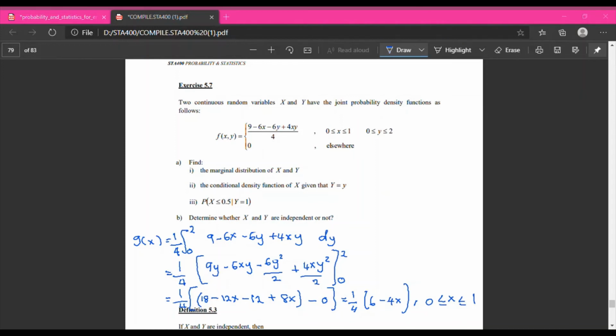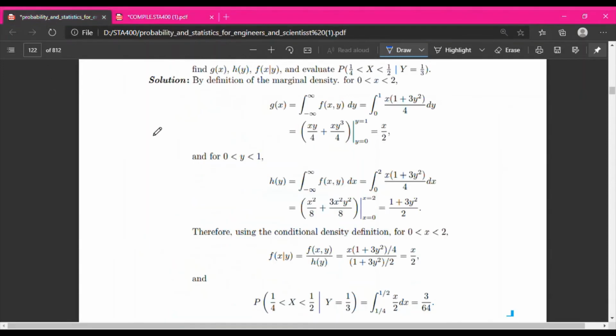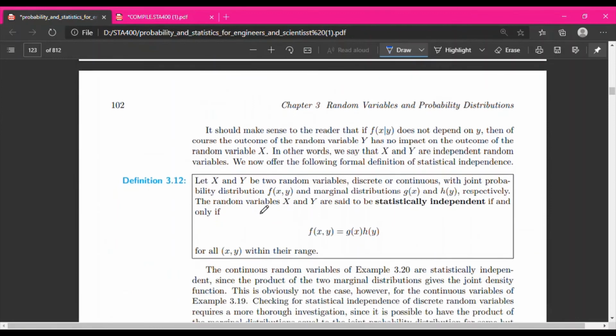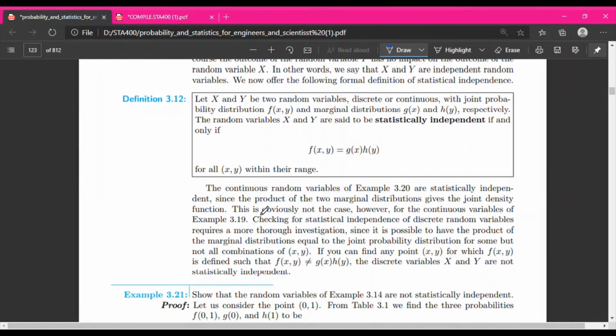Okay, so that is the way to find the conditional probability. A little more, I want to show one more thing regarding the condition of independency. Using the marginal also, we can know whether the two variables are independent or not, which is using this definition.